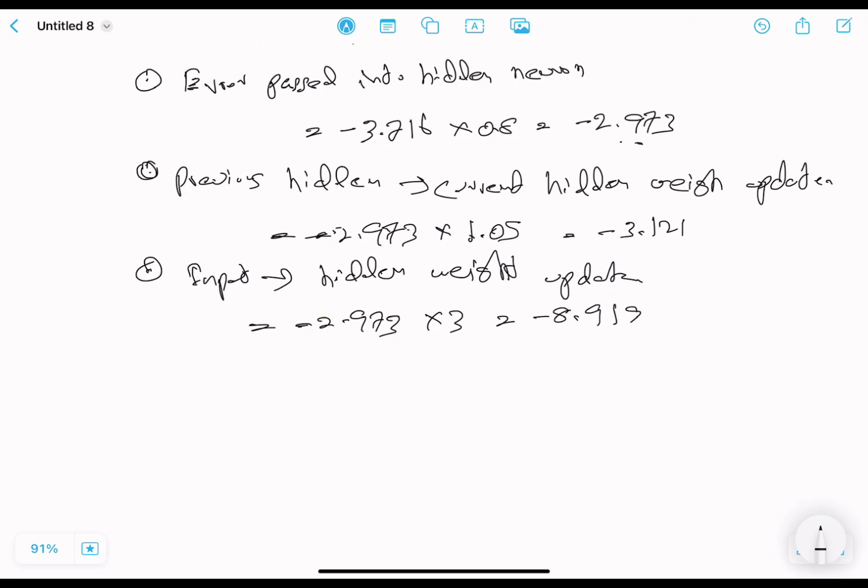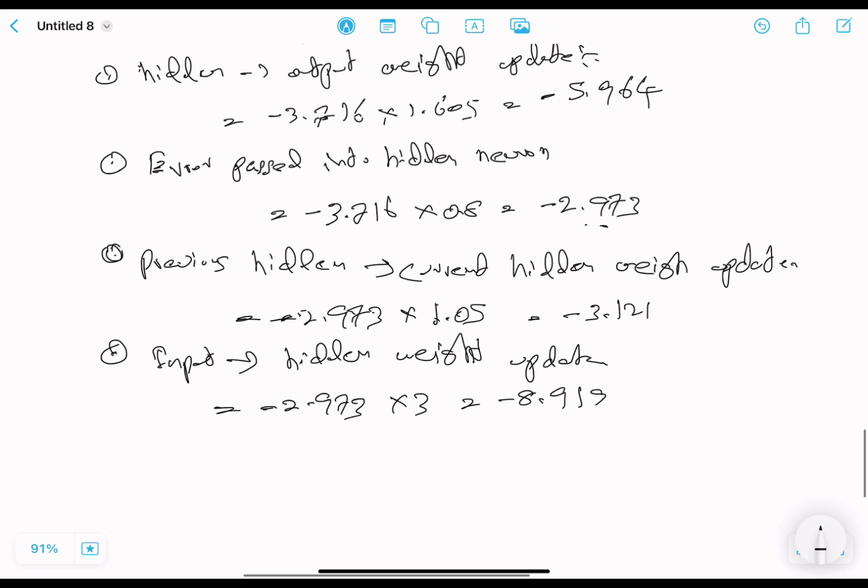Okay, so when we look at the values, at T3 the input was 3, and Wx, the weight on x, has played a big role in this error, so it has a bigger number, as you can see.